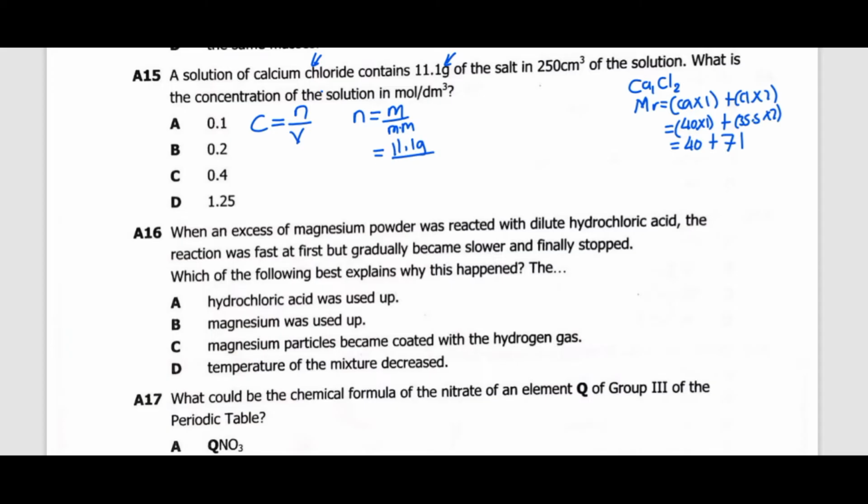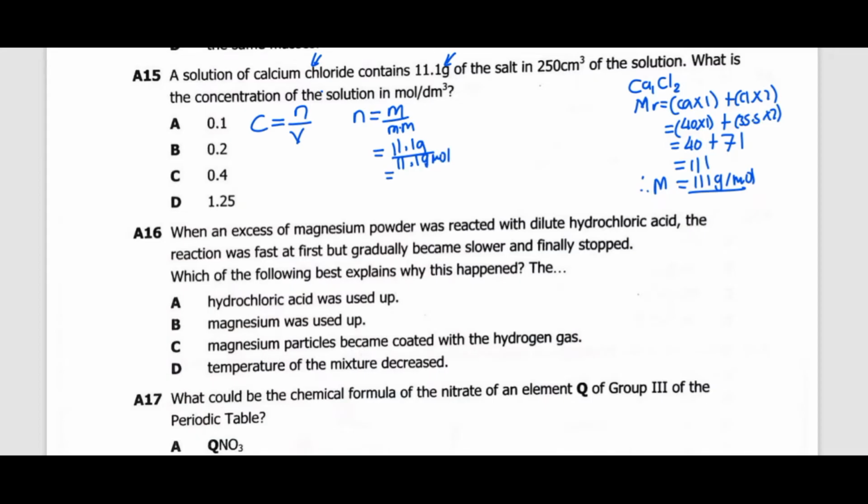If we add, 71 plus 40 will give us 111. So therefore, molar mass is equal to 111 grams per mole.